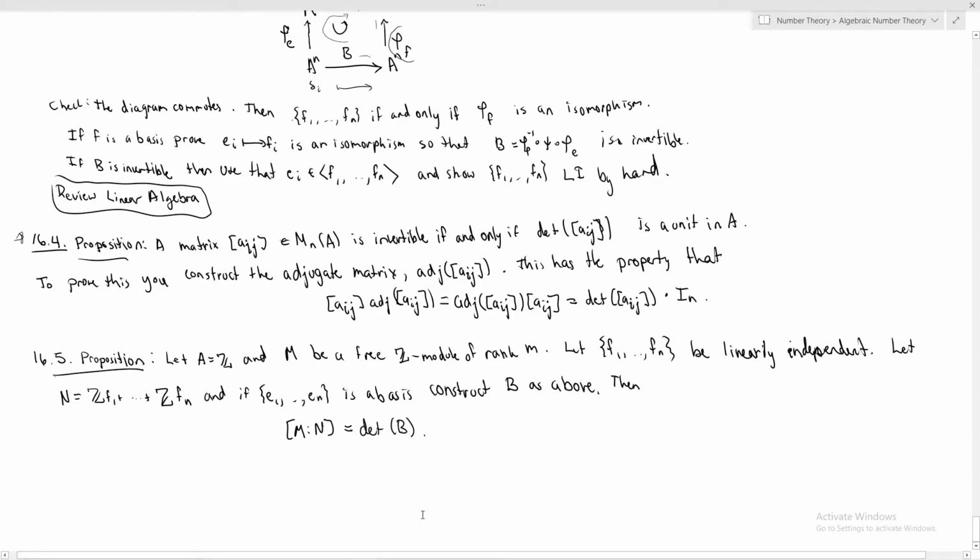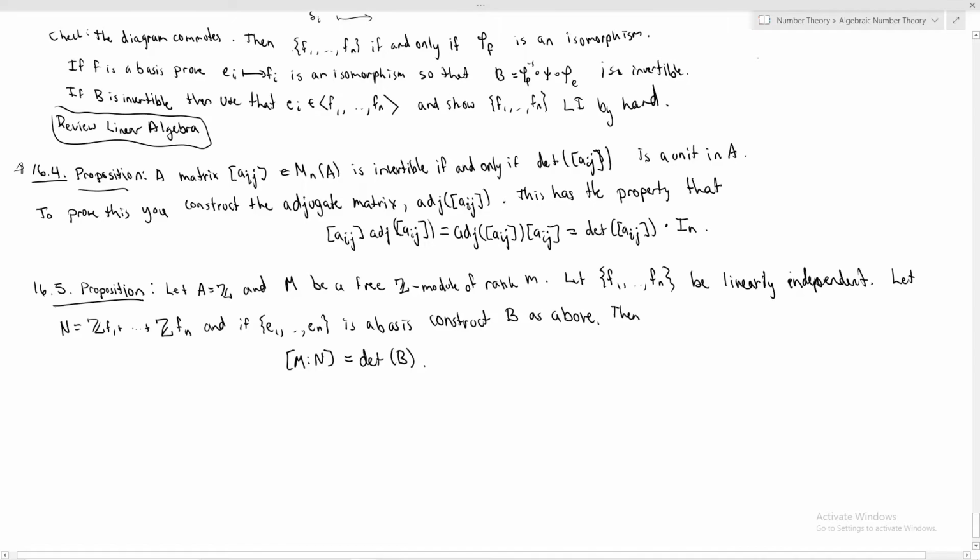Okay, so what are we saying here? I guess there are a couple of things we're saying. Let's compare this to 16.4 and 16.3 that we figured out before. Sorry, there should be an absolute value here. So 16.4 says a matrix is invertible if and only if the determinant is a unit.